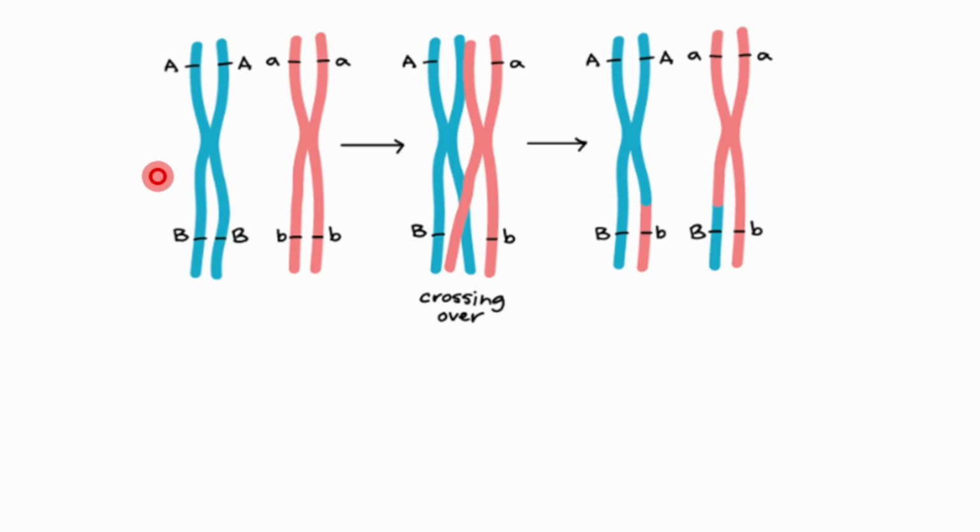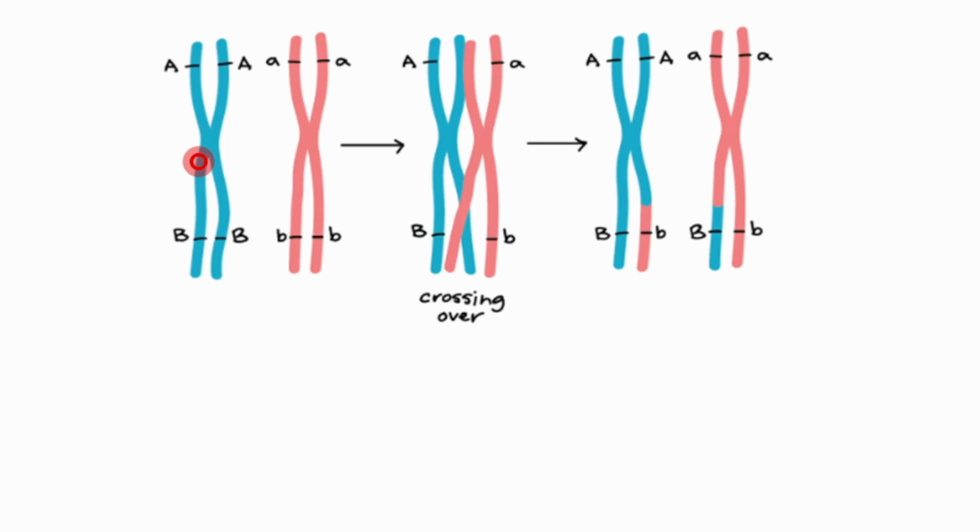Let's say the cut was here. So A lies on one side and B lies on another. And when the chromosome pieces are swapped with the homologous chromosome, A and B are no longer inherited as a pair. The single fact of separating them onto different pieces is what creates recombination.